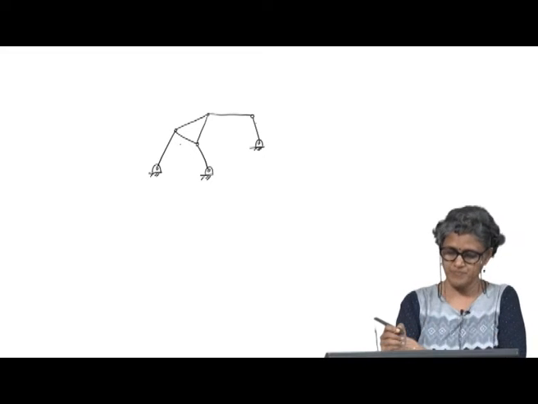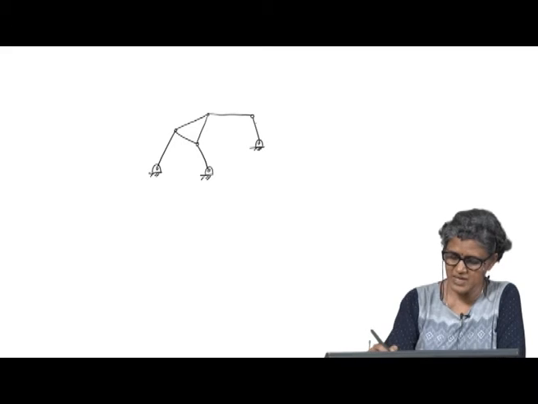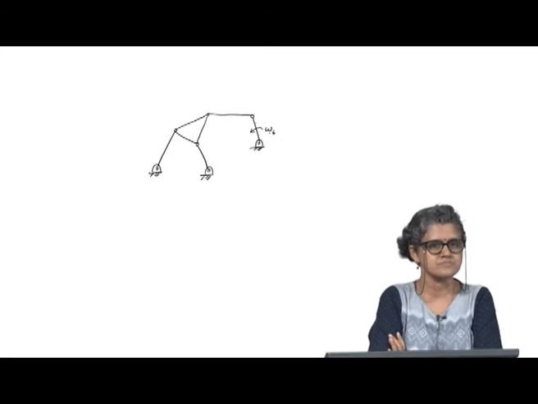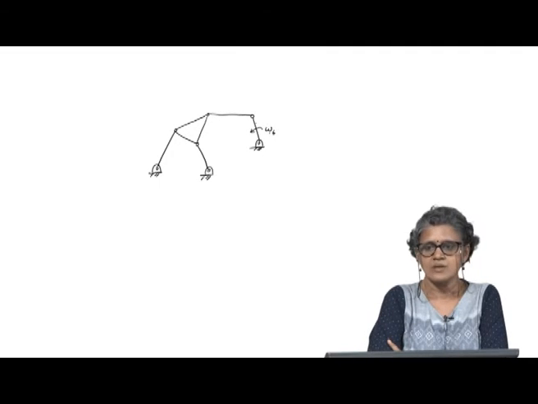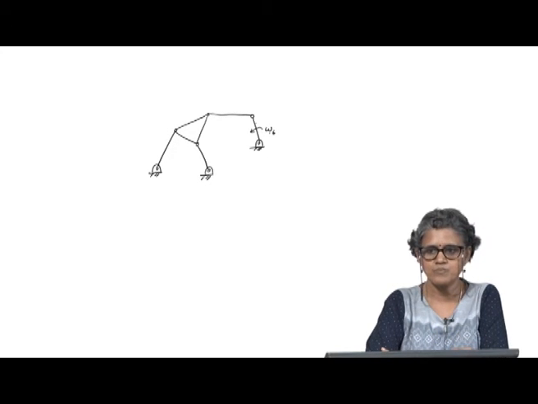I want to find, okay, here is an interesting situation here. Suppose I give you omega 6 as my input, okay. I can't even solve this by the velocity difference method, okay.